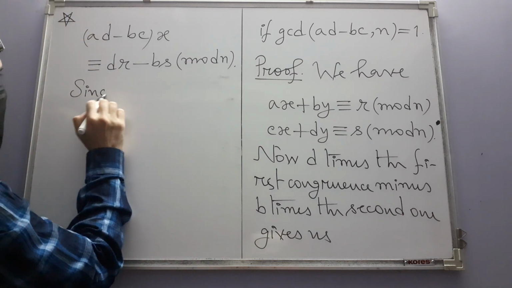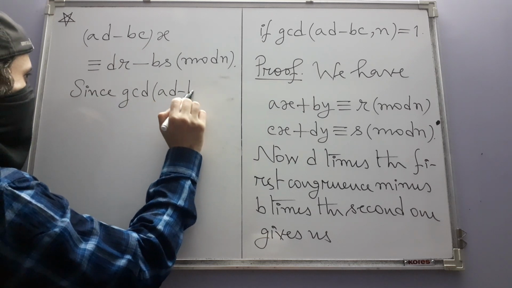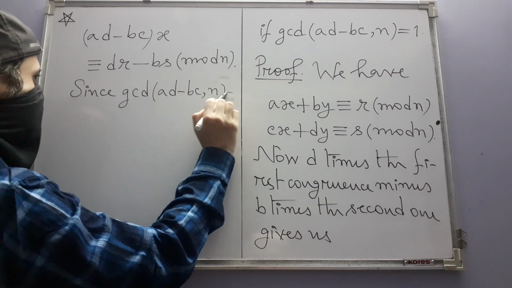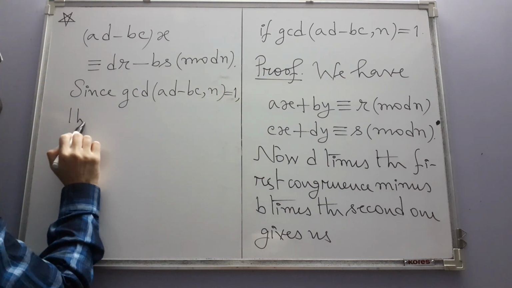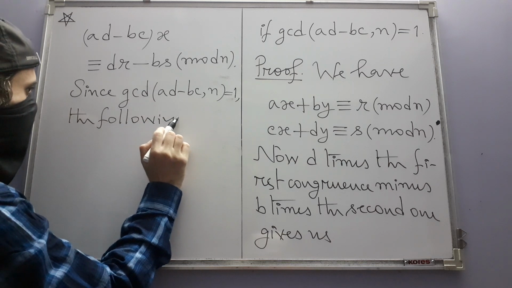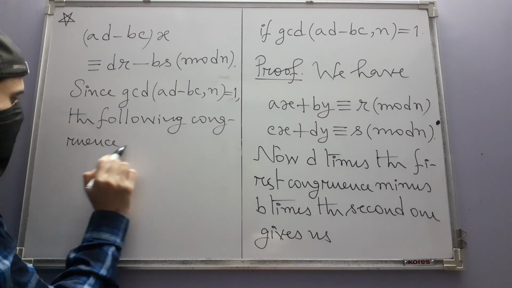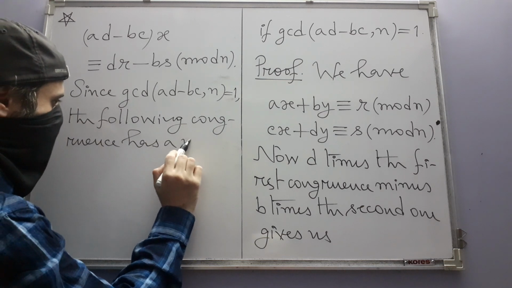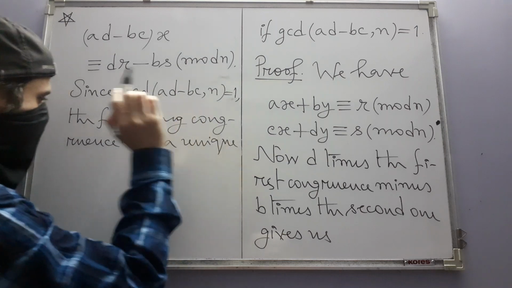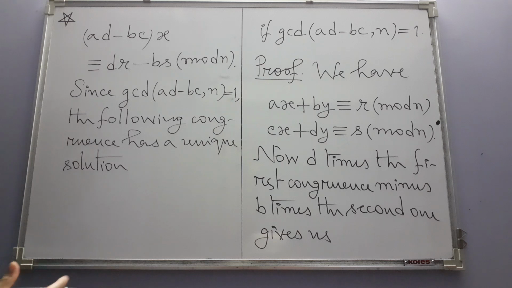Since the GCD of AD minus BC and N is 1, the following congruence has a unique solution. Unique solution modulo n. We do not write that every time. That's understood when we are talking about congruences.